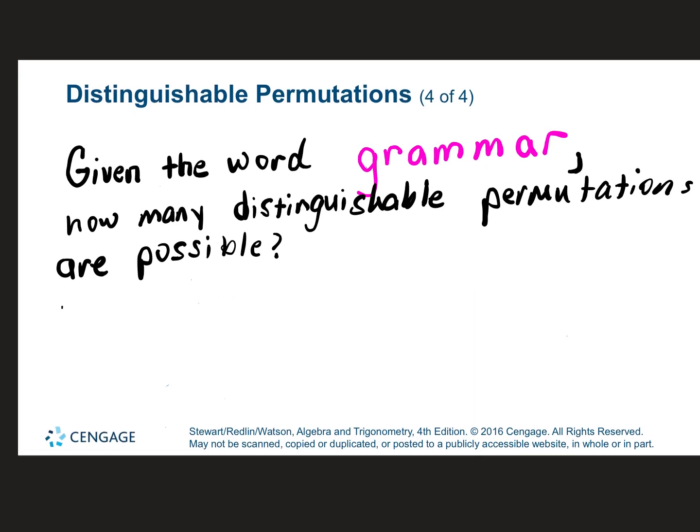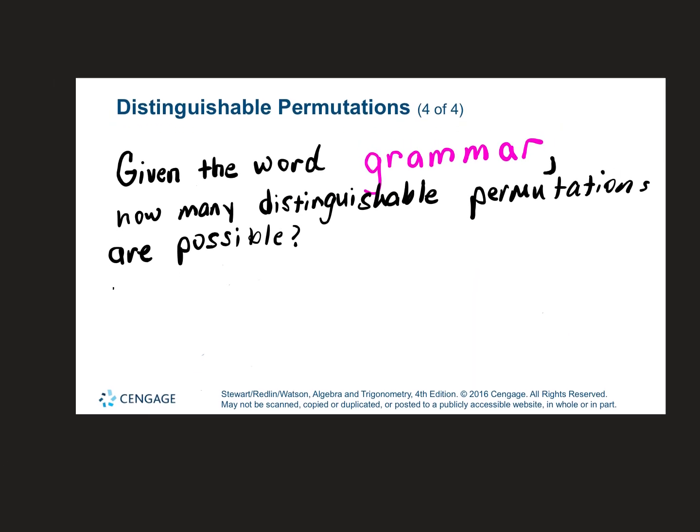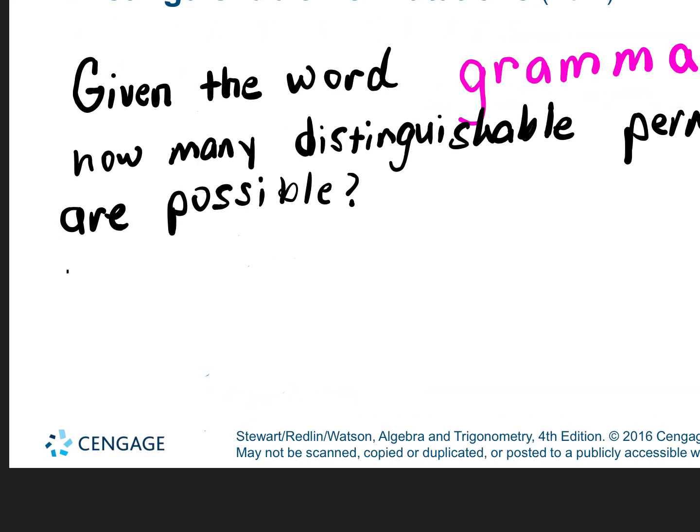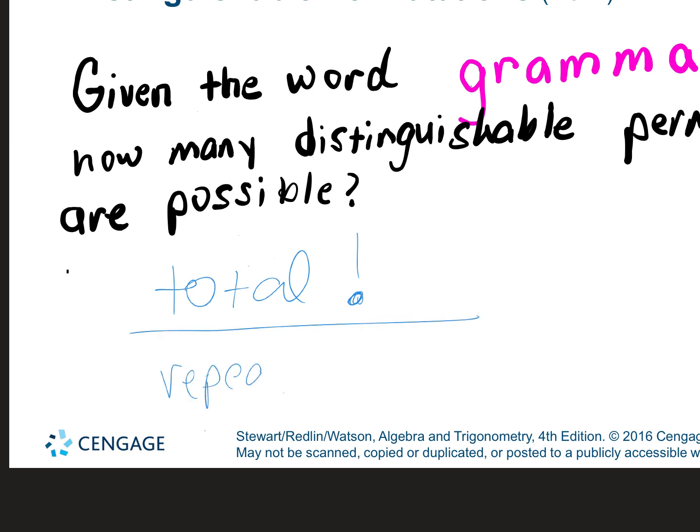Given the word grammar, how many letters are in the word grammar? 7. What do you notice about some of the letters in the word? They repeat. When you are ever asked for distinguishable, it's the total number factorial over the repeated factorial.